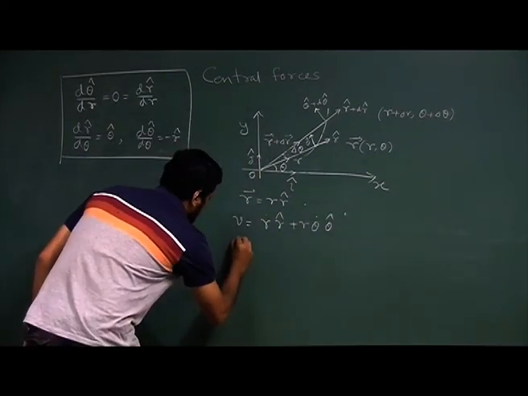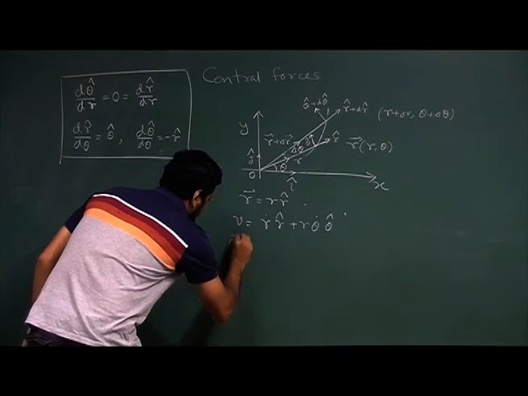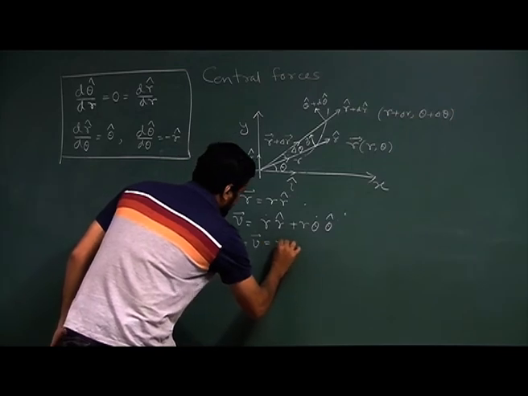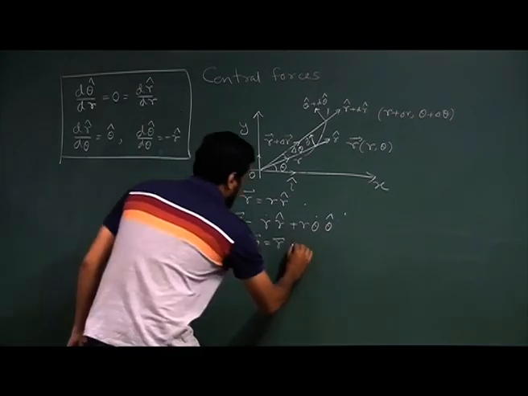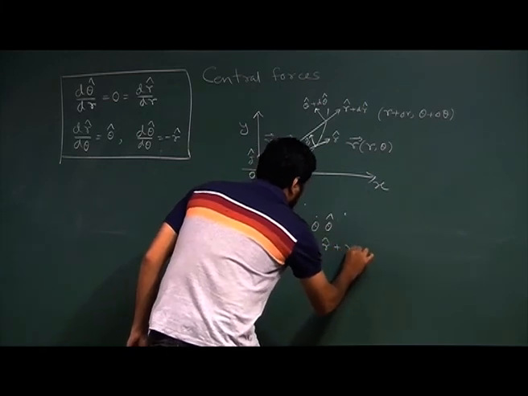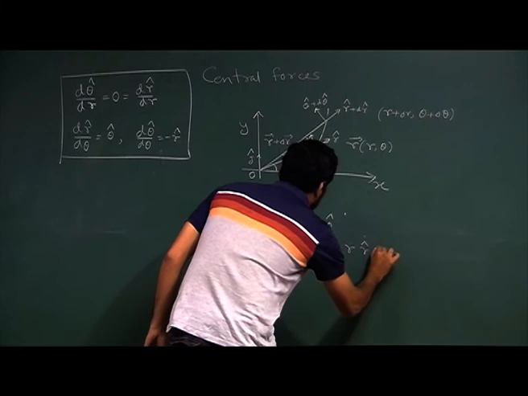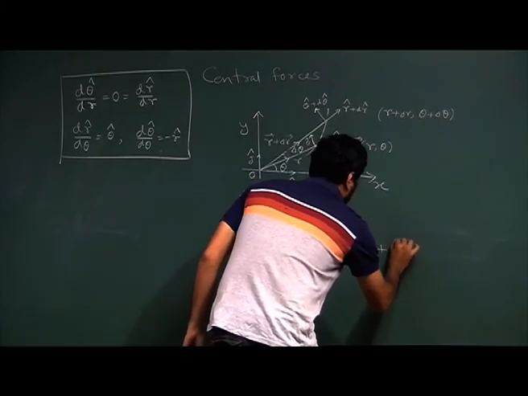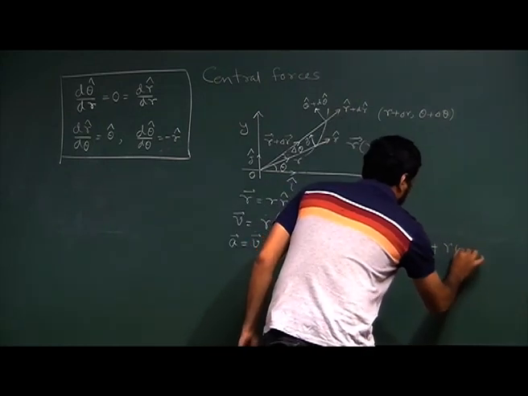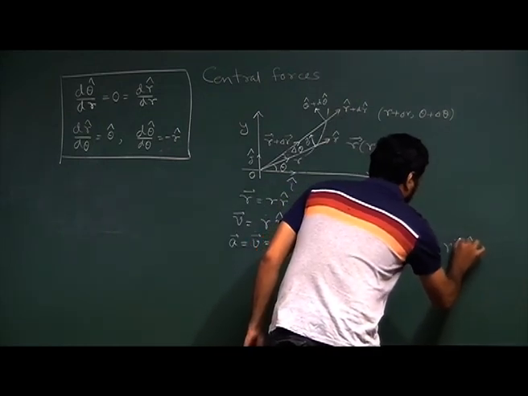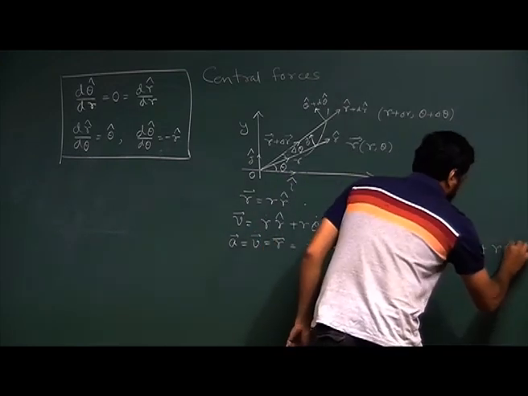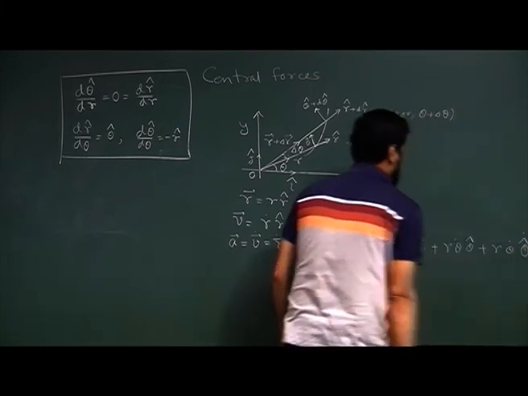Now, we take A, which is a vector, equal to v dot, which will be equal to r double dot r cap plus r dot r cap dot plus r dot theta dot theta cap plus r theta double dot theta cap plus r theta dot theta cap dot.